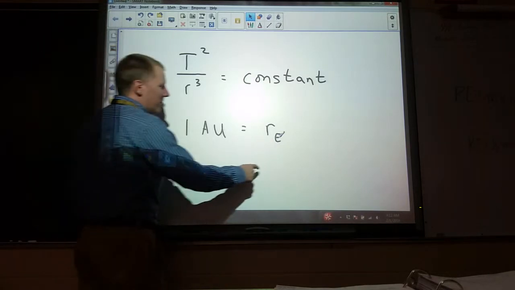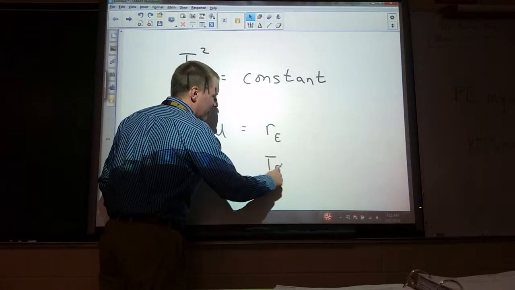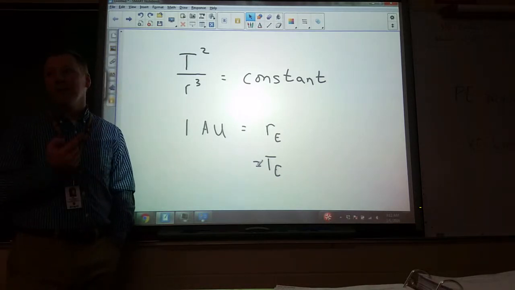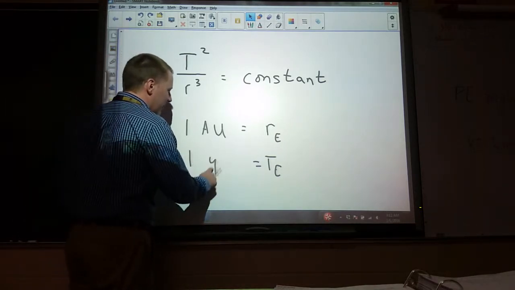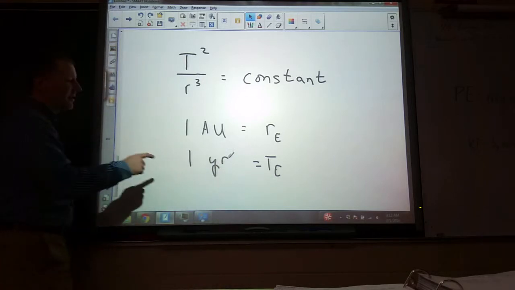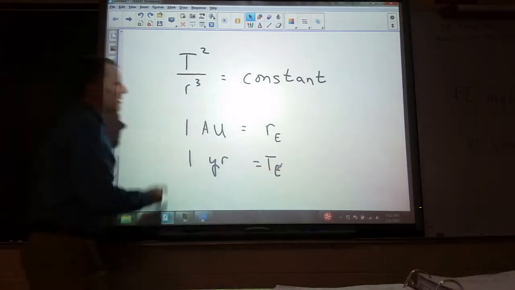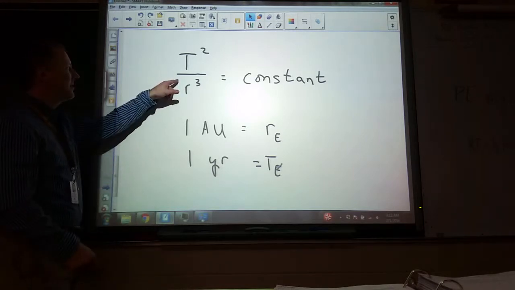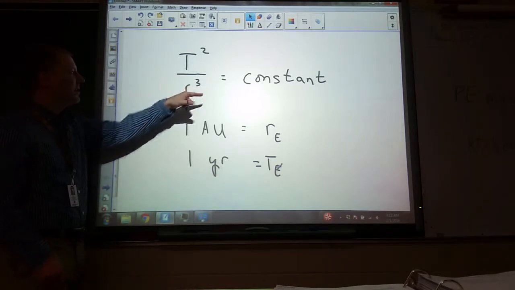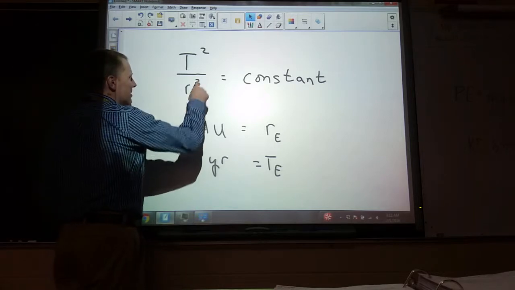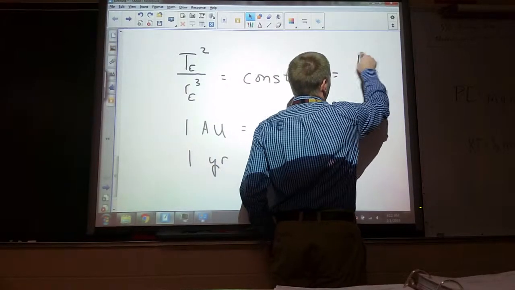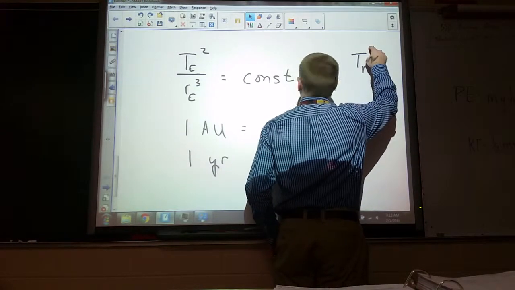And we also know the period of Earth. How long does it take? 1 year. So we can use this information to describe the rest of the planets' orbits as well by this relationship. If this is equal to a constant, if we take Earth's here, we can also say that it's equal to the same thing for Mars.